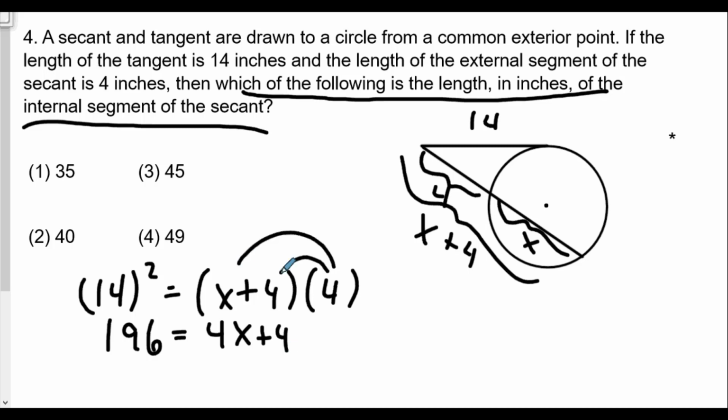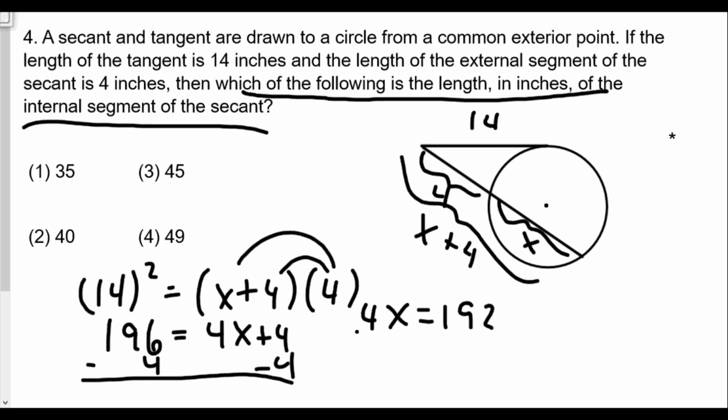Now, we're trying to find the internal segment, so that will be the x value we're looking for. So let's now subtract 4 from both sides. And we have 4x is equal to 192. Let's divide both sides by 4. Well, I know that 4 goes into 19 four times, so it's a 16, remainder of 3, 32, and 32 divided by 4 is 8 times.